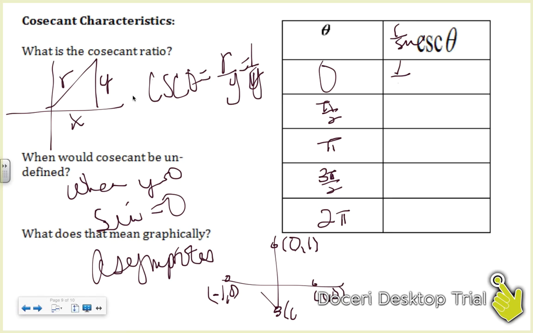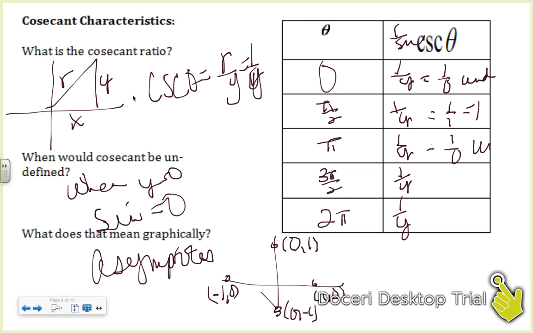That would be 1 over 1, which is 1. That would be 1 over 0, which is undefined. And that would be 1 over -1, which is -1. And 1 over 0, which is undefined. You might want to pause because when I hit this button, it all goes away.